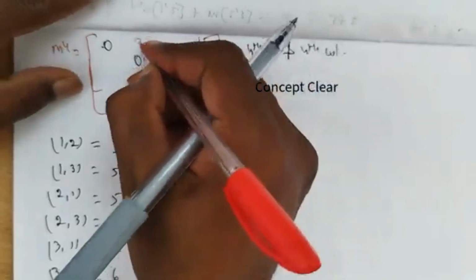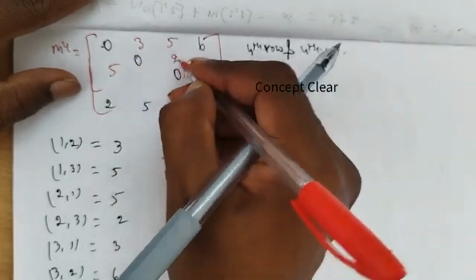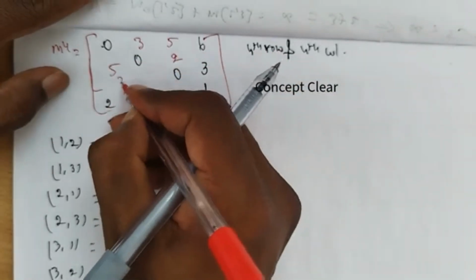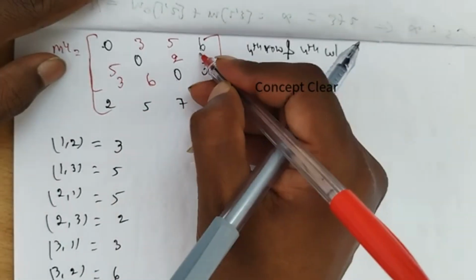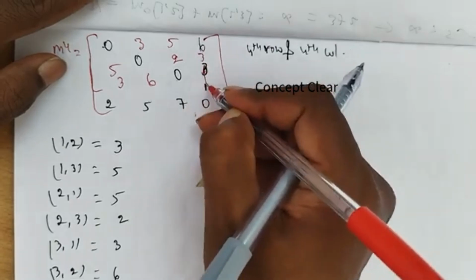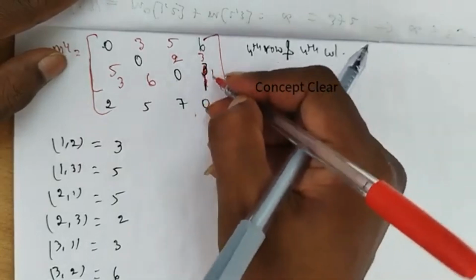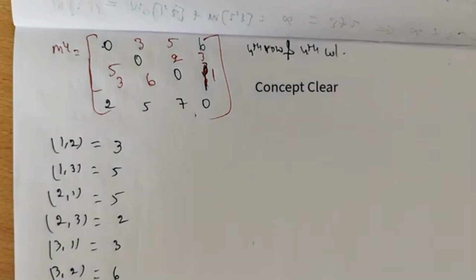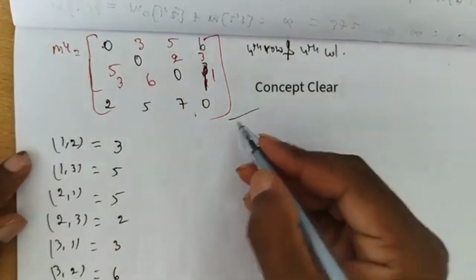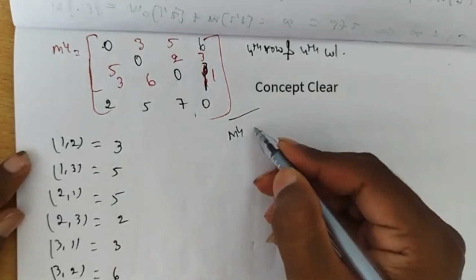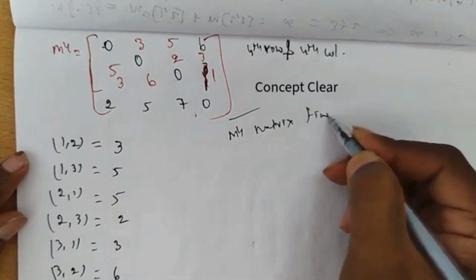Finally you are getting 3, 5, here 5, 2, here 3, 6, and here 3, and what about the last one? 5, 7. Now we got the M4 matrix. The M4 matrix is the final answer.